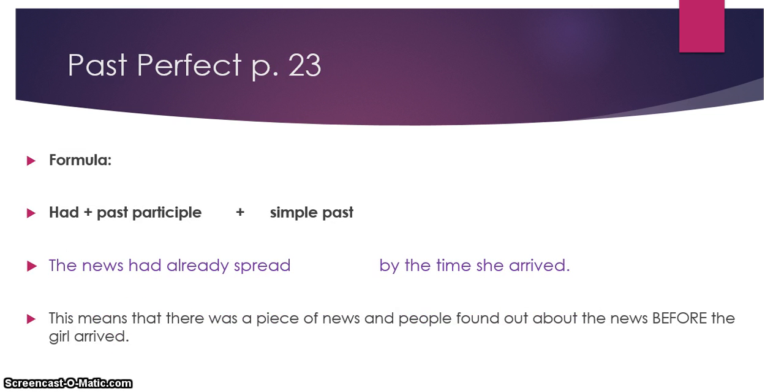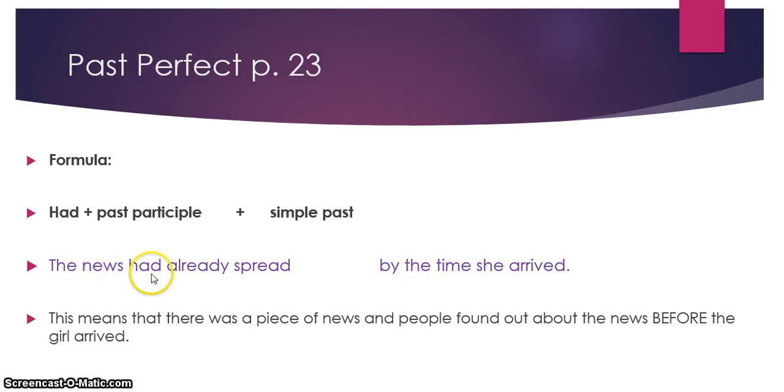Now let's look at some examples. The formula for the past perfect is going to be had plus the past participle plus the simple past. So I could say the news had already spread by the time she arrived. So here's my first part, and here's my second part with a time expression.